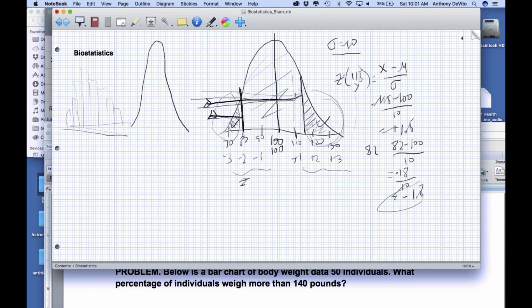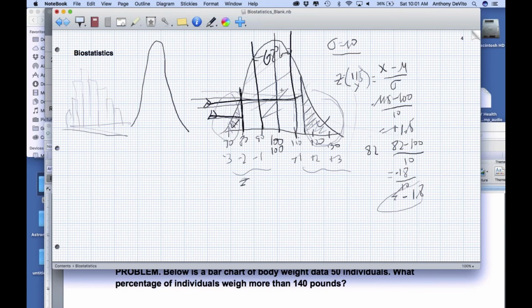Now, we do have an easy rule to help us if we want to do quick calculations in our head, just estimates. And that is, if you're within one standard deviation below and above the mean, then that represents 68% of the area of this distribution.